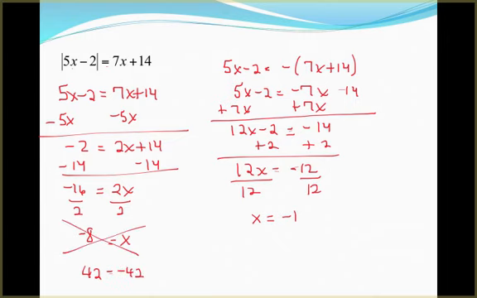So that's not true. There's an extraneous root. Now if I put negative 1 in, 5 times negative 1 would be negative 5, minus 2 would be negative 7, but then the absolute value of that would be 7. And on the other side, I have 7 times negative 1 is negative 7, plus 14, which is positive 7. So in this case, we have one solution.